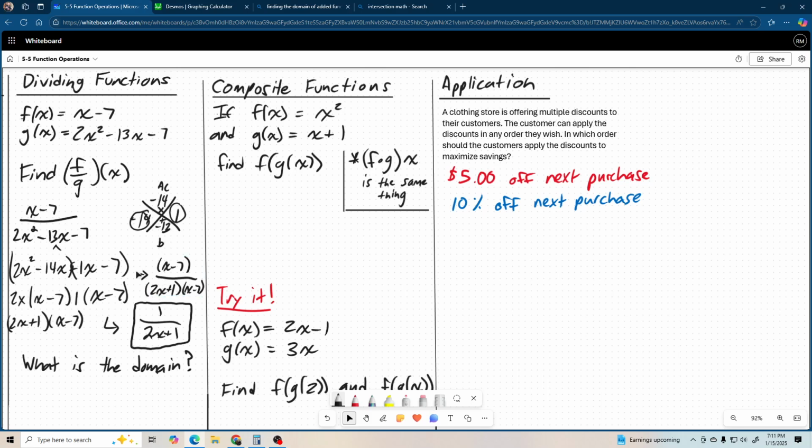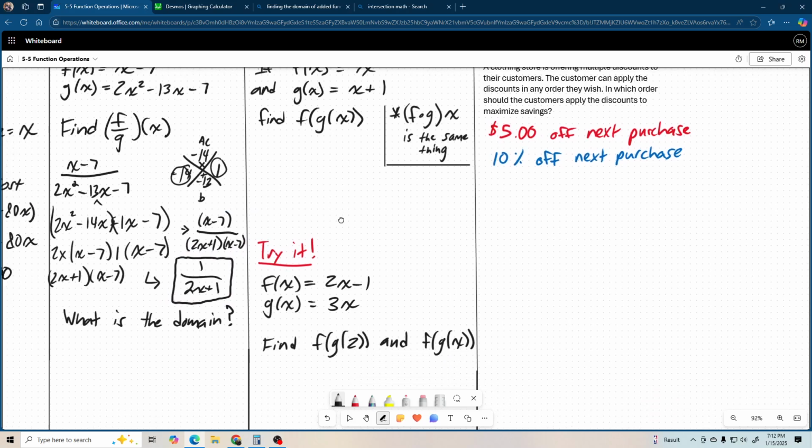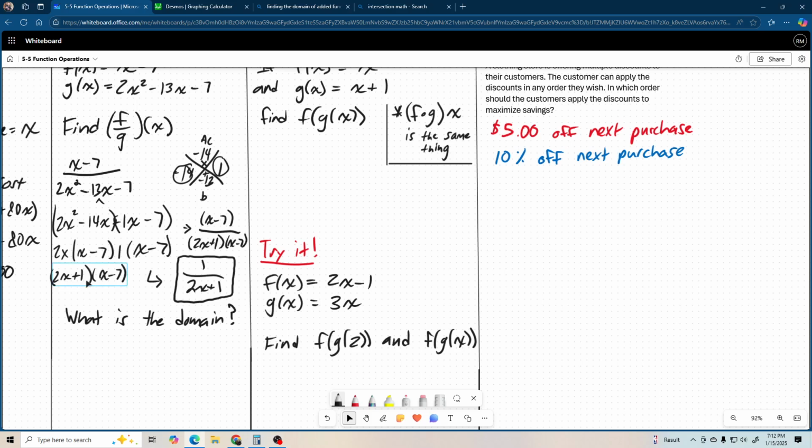If we look at this, we have an x minus 7 up top and an x minus 7 on the bottom, and we eliminated those. And we were left with the 2x plus 1. So what is the domain? Remember that we have to use this part here, because both of these cannot equal 0.